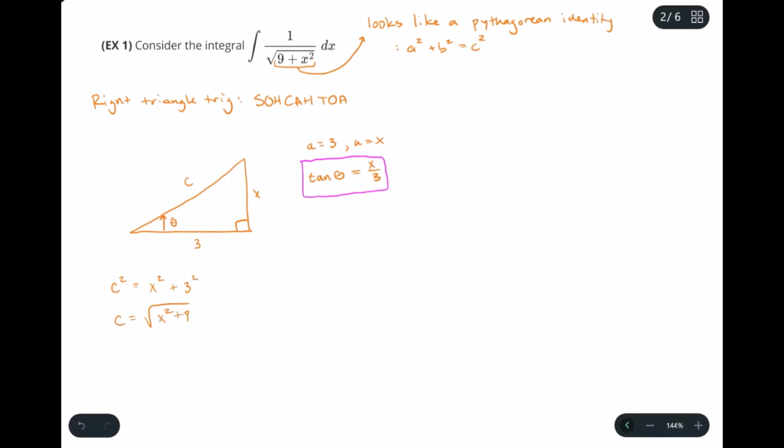So this length right here is the square root of x squared plus 9. And that's interesting because that is, in fact, a part of my integral, the square root of 9 plus x squared, but that's the same thing.